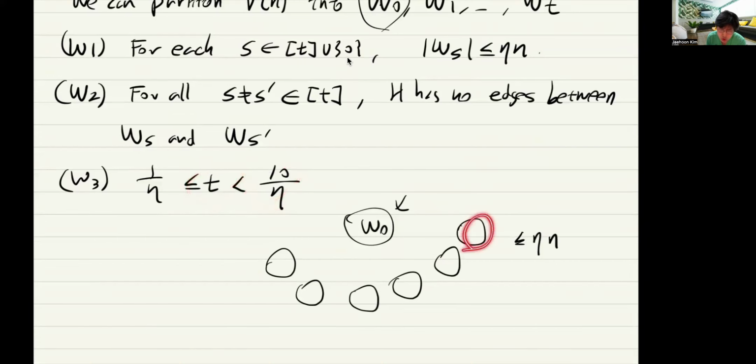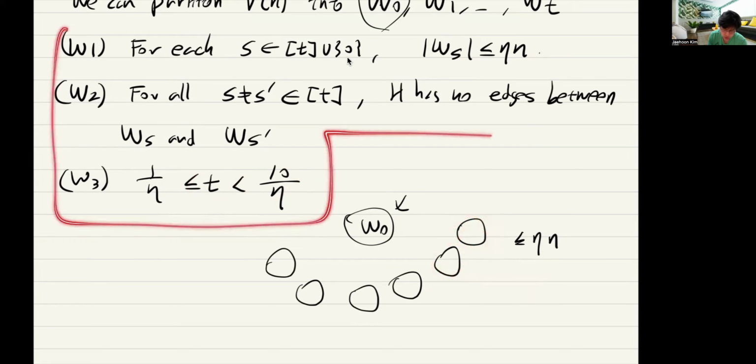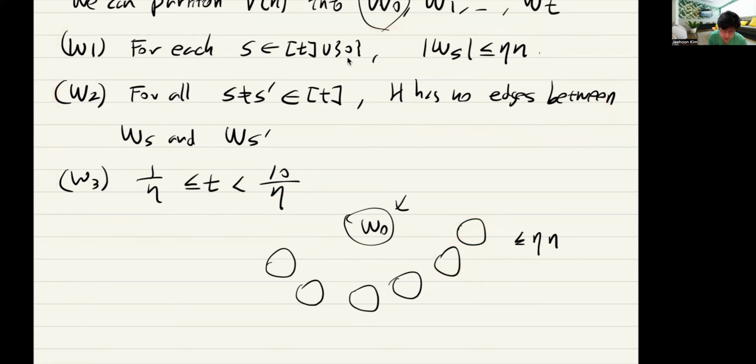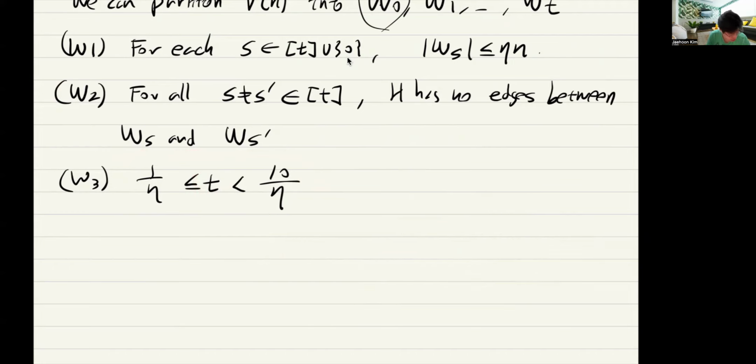So if some of them are too small and another one is too small, then we might want to take a union of them to take as WI. Because we only care about these conditions, that's fine. And also if this is too small, then we might add one of them to here, and you can take this as a separator. That's still fine. Anyway, by doing that, we can ensure that T is between these two numbers. So we have this partition.